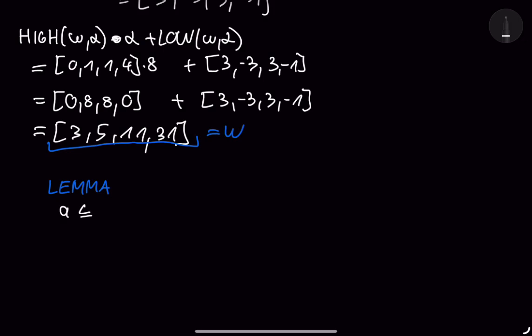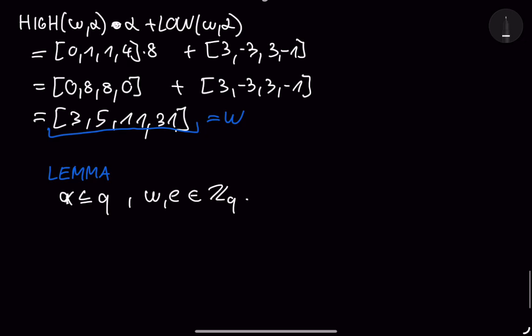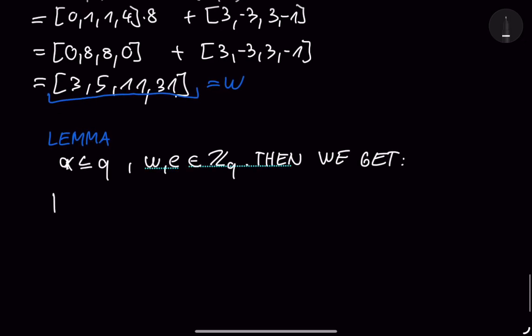Okay, we have alpha. Then we have W and E in Zq, and then we get the following condition. So we have the absolute value of low W alpha.